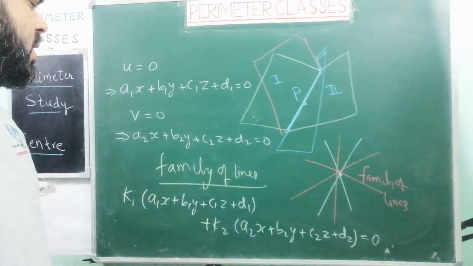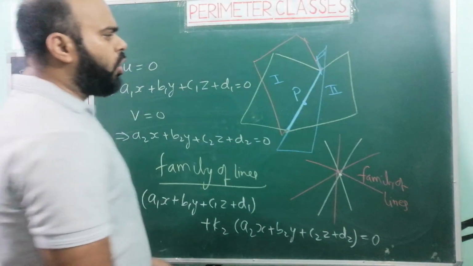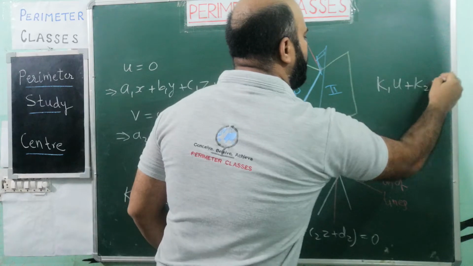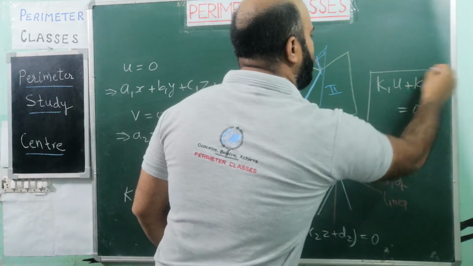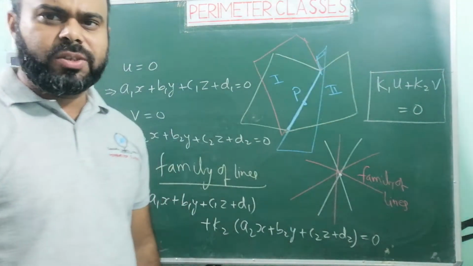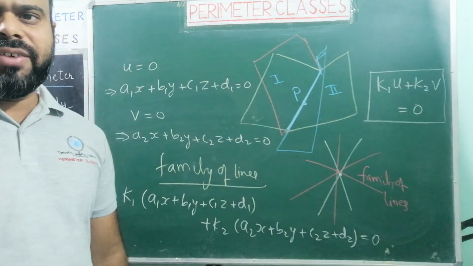In short, k1u plus k2v equal to 0 is the family of planes passing through the intersection of the two given planes, u equal to 0 and v equal to 0.